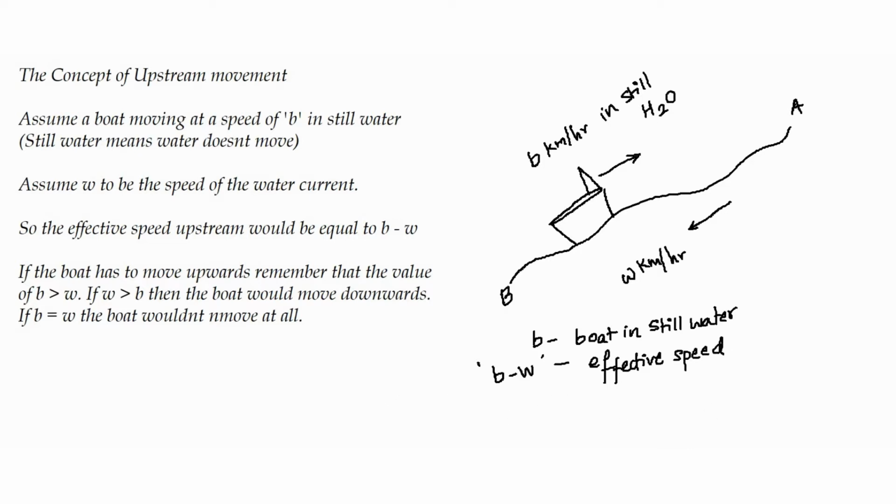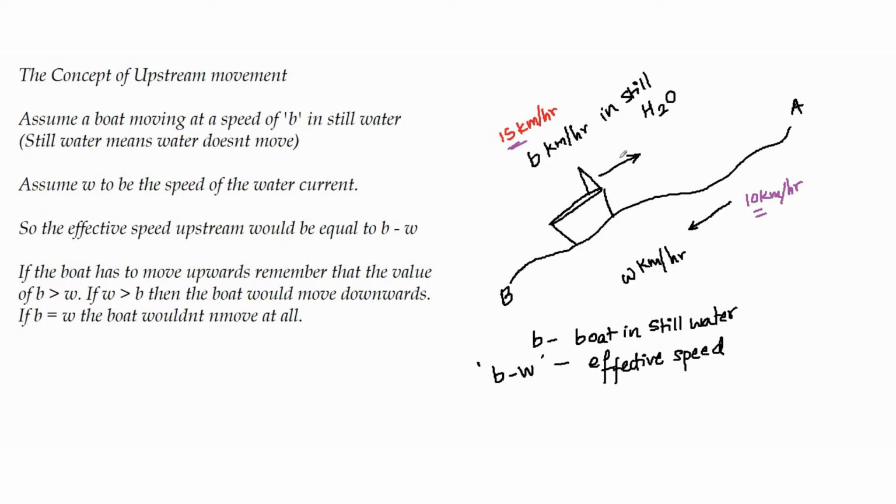So for example, let's take some numbers. Assume that I have the boat moving at 15 kilometers per hour in still water, and the flow of water current is at 10 kilometers per hour. Then what is going to happen is, if the water was not flowing, this boat would have gone upwards by 15 kilometers in 1 hour. But at the same time, the water is moving downwards at 10 kilometers per hour.